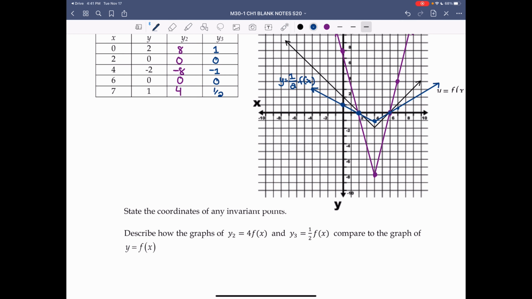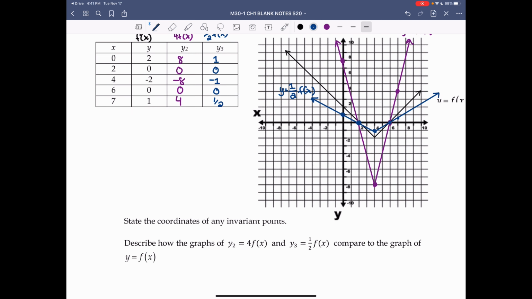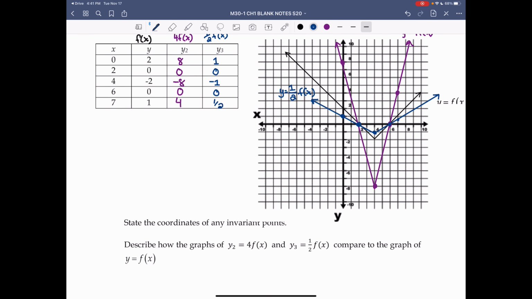State the coordinates of any invariant points. What points are the same on all three graphs? That would be the x-intercepts at x equals 2, y is 0 for all three functions, and when x equals 6, y is 0 for all three functions. (2, 0) and (6, 0) are invariant points.